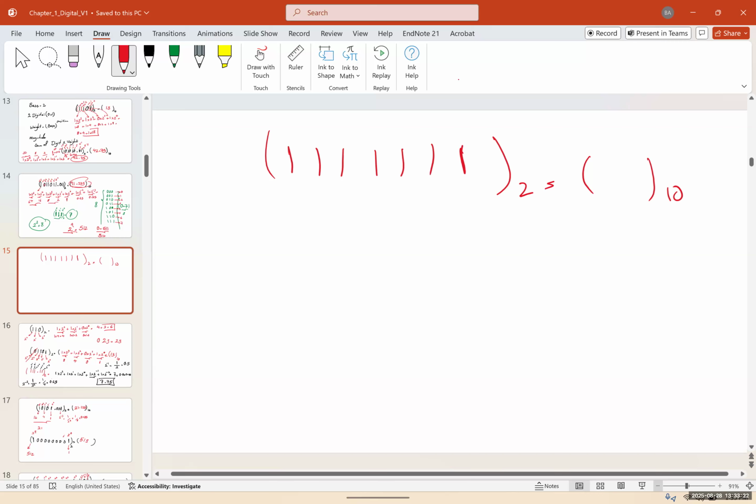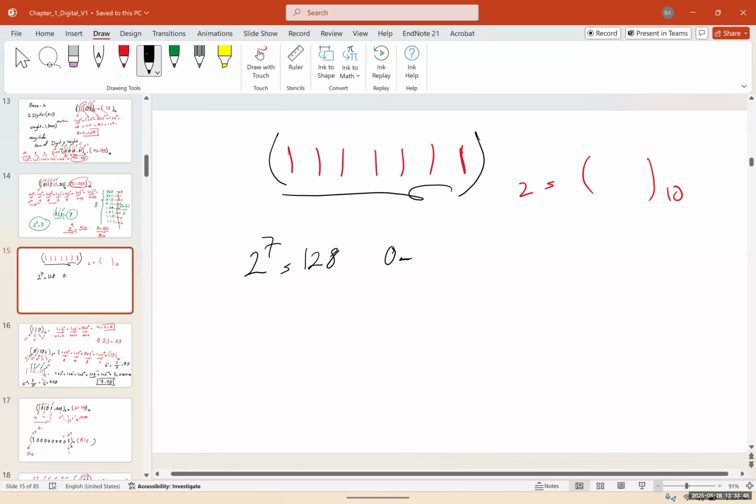How many ones do I have? 1, 2, 3, 4, 5, 6, 7. Yes. 2 to the power of 7 is equal to what? Yes. So the numbers are between 0 and 127. So if everything is 1, this would be 127. You can calculate it. It's going to give you 127.